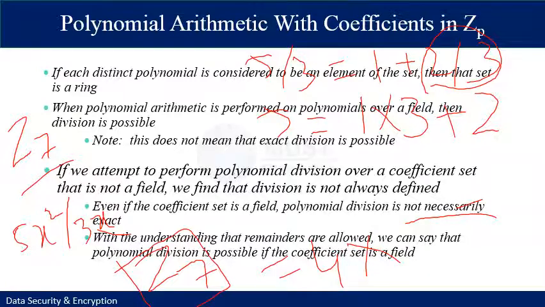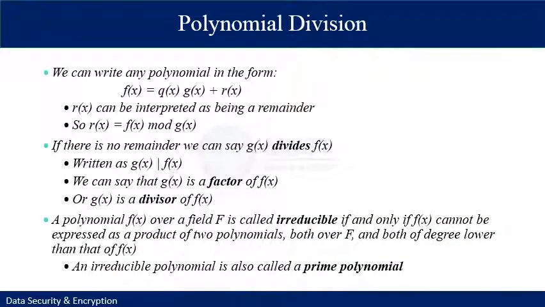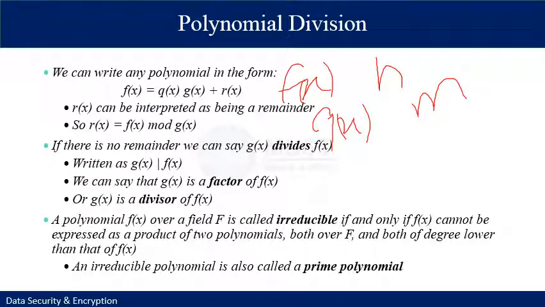So in general, division will produce a quotient and a remainder. Here are some interesting properties about polynomial division. Given any polynomial f of x of degree n and g of x of degree m, we specify that the degree of f of x should be greater than or equal to the degree of g of x.